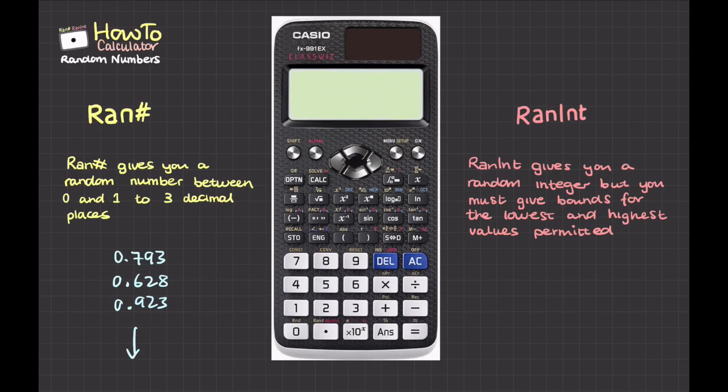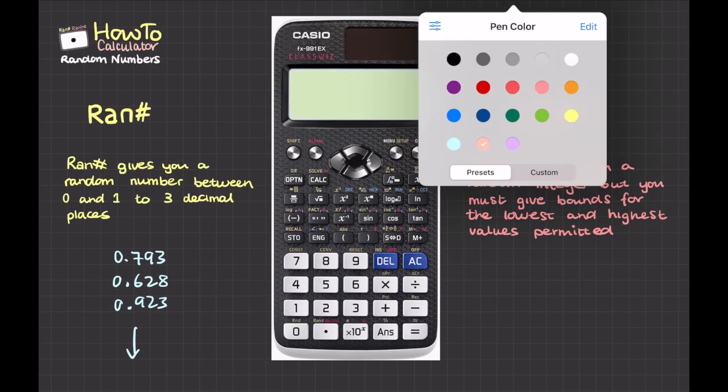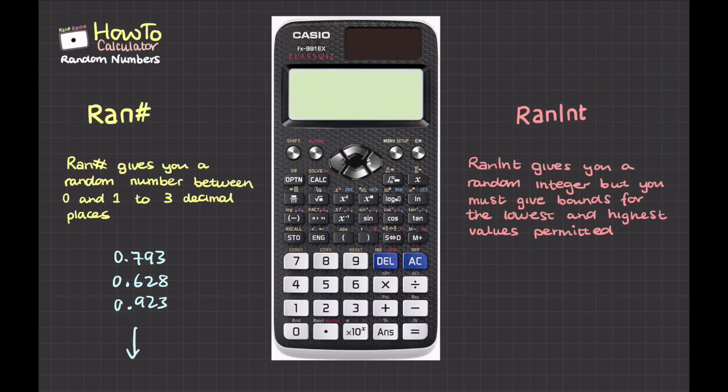Another function that we've got is RanInt, which stands for integer. So if I want integer numbers, I can use this one. This time you press alpha, and then this button down here, and it gives you RanInt# and then brackets.